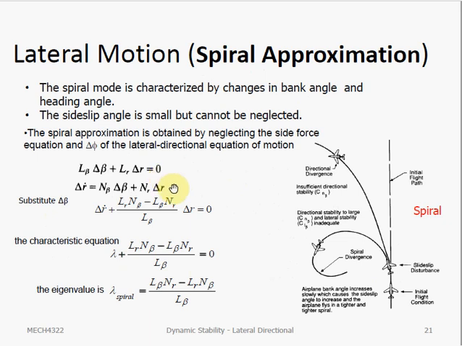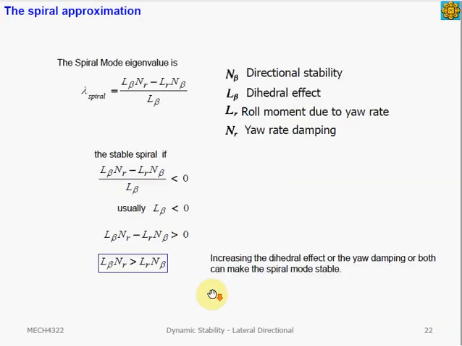From here, we merge these two equations simply through substitution, and then we get a 1 degree of freedom approximation for spiral mode. We can compute the characteristic equation, and then we can see that the eigenvalue is influenced by the stability derivatives. Now let's analyze this eigenvalue equation.